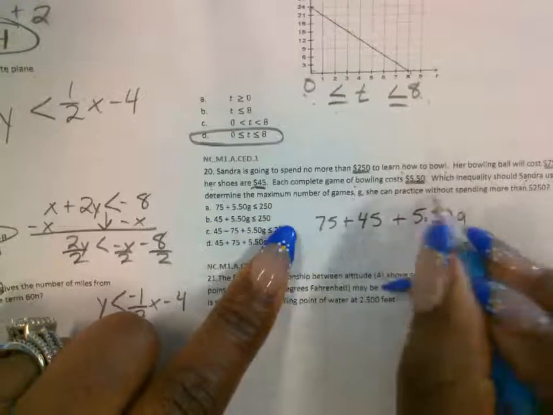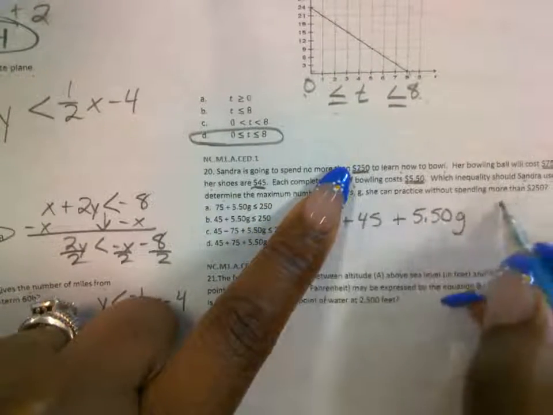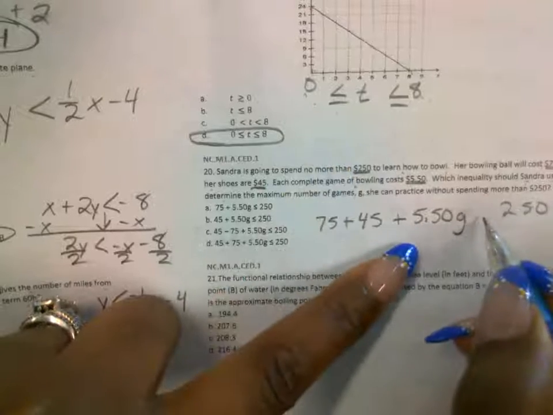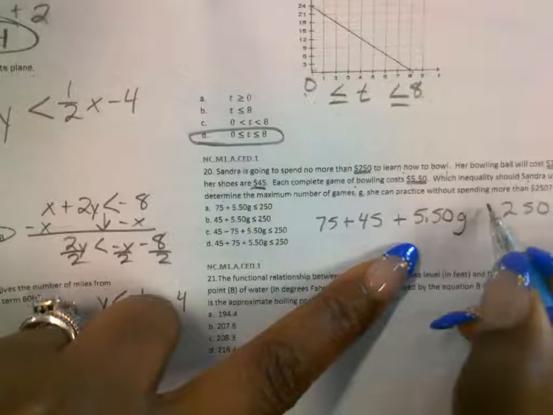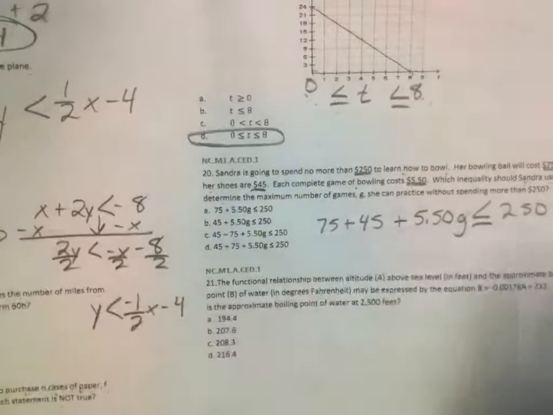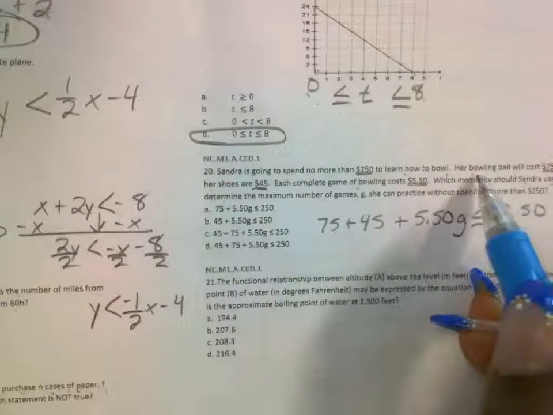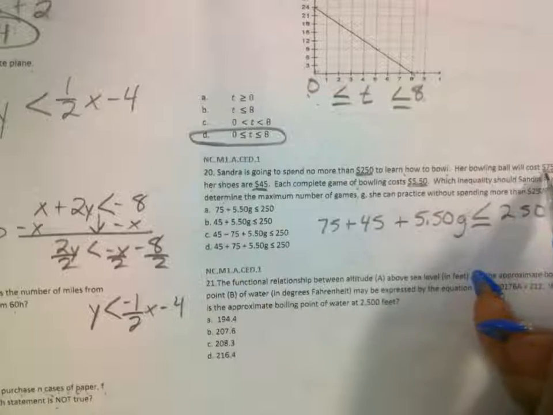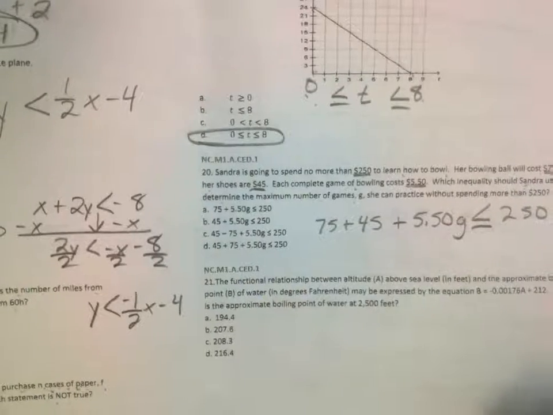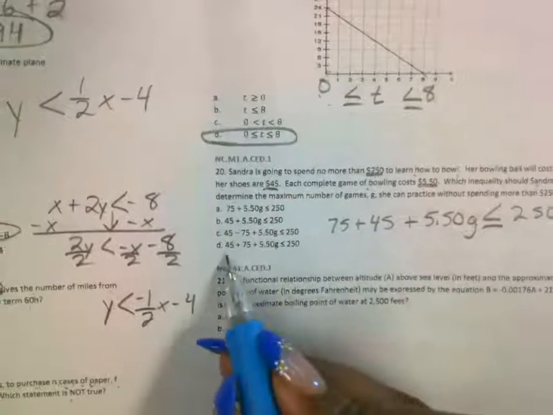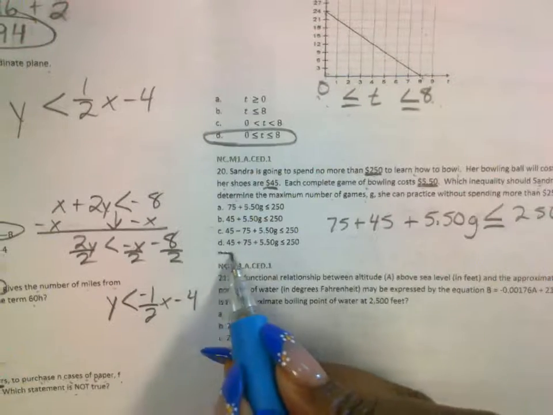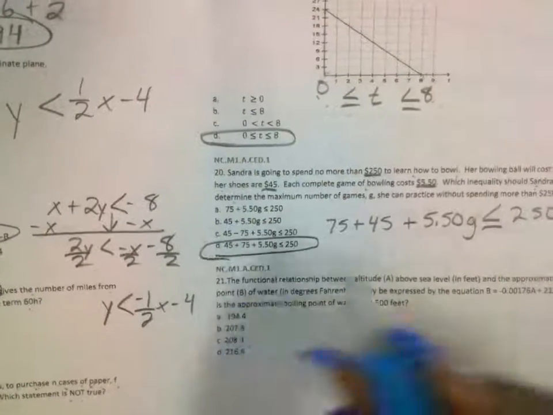And this amount can't go over 250. So this amount has to be less than or equal to 250. Okay? So her bowling ball costs this amount. Oh wow. Okay. All right, so that looks like D.